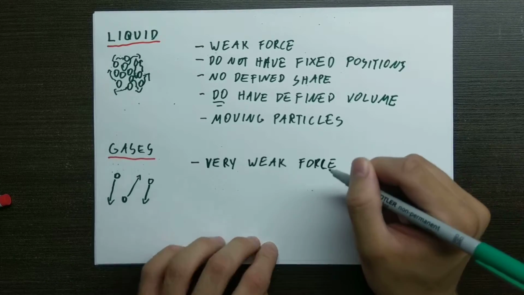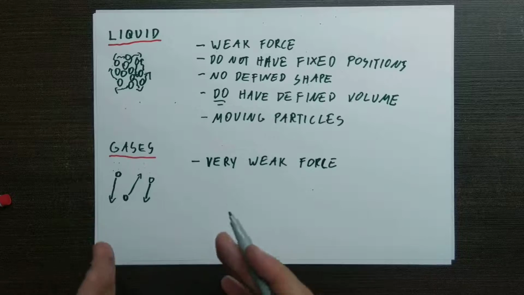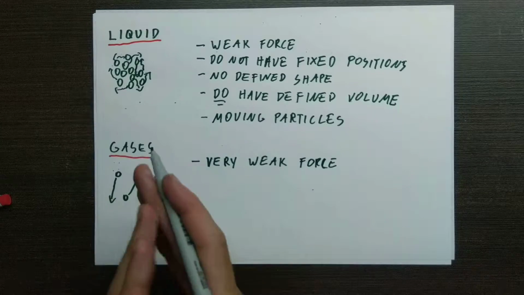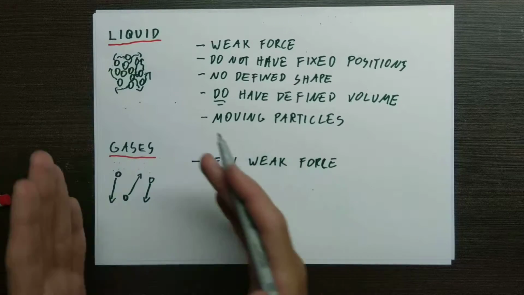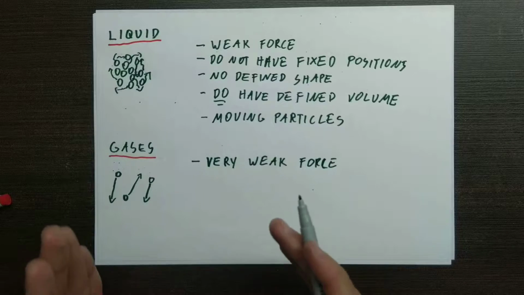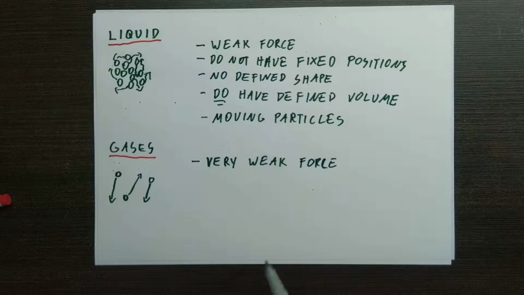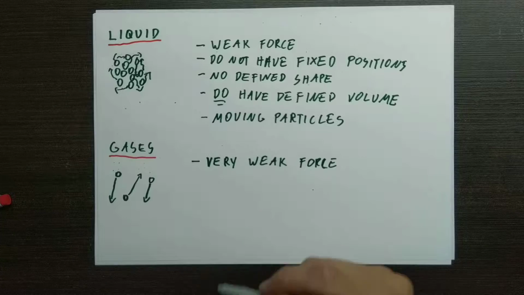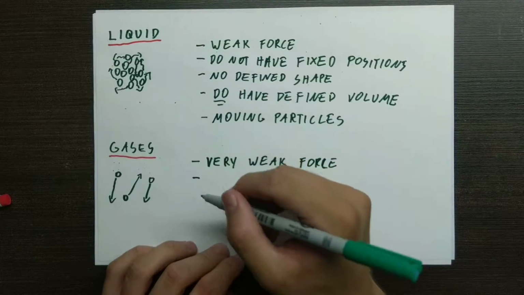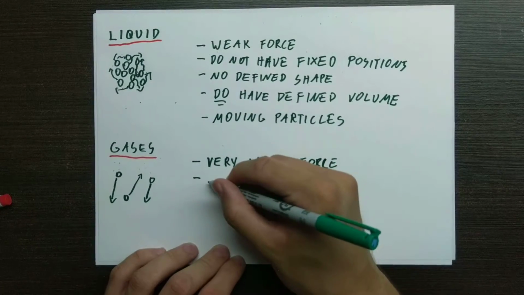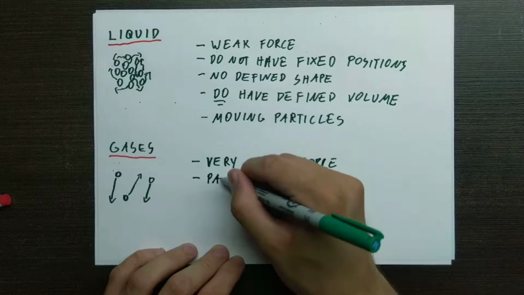So we overcome those weak forces, and now these gases are held together by even weaker force because these molecules are further apart from each other. So they're not attracting each other as strongly as they used to. Now, because they are held by very weak forces, the particles move a lot, and they move in straight lines.